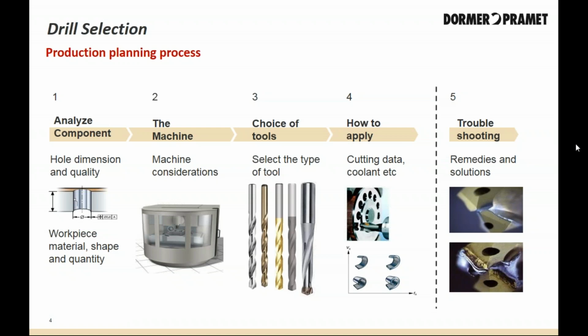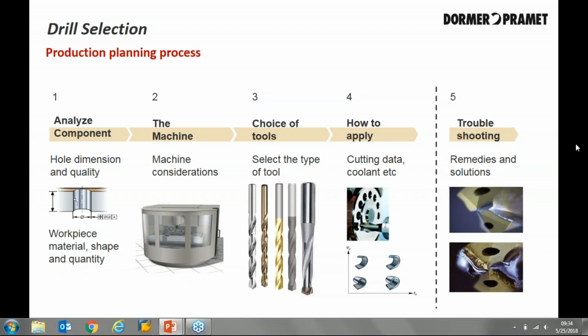Number 3, choose the right tool for the job. Number 4, apply the proper running parameters, establish cycle times, etc. And number 5, troubleshoot and analyze the tool failure mode in order to optimize the operation. Today we will focus on steps 1, 2, and 3, analyzing the component, the machine considerations, and tool selection.